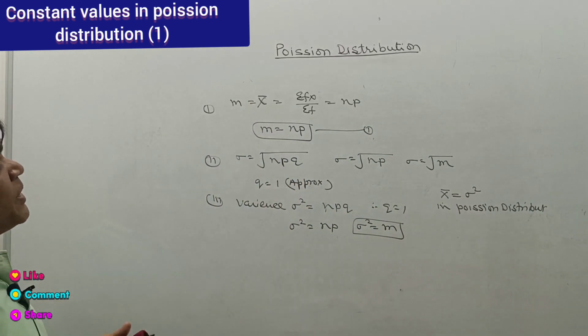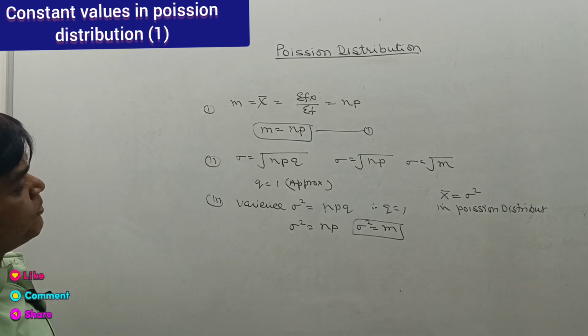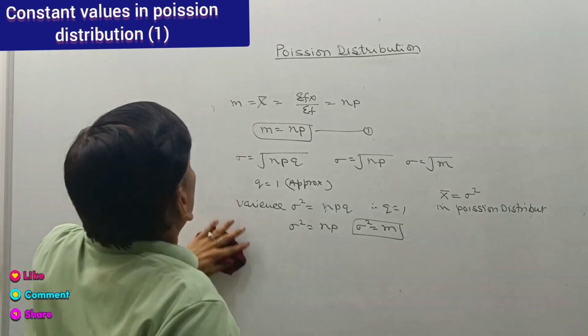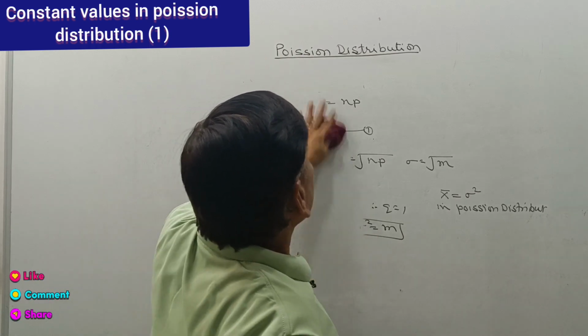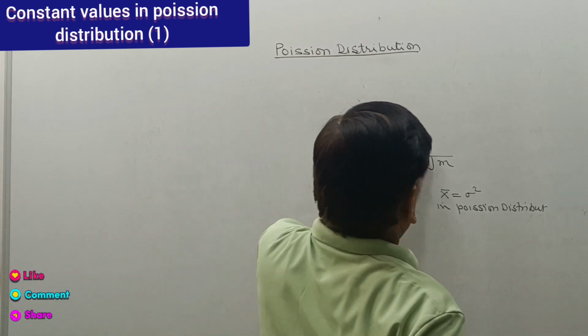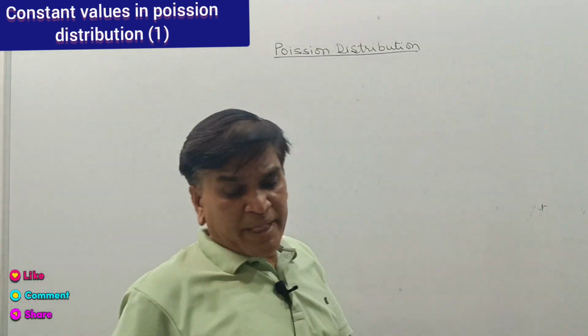Now for other measures of the Poisson distribution: these are the three measures, that is arithmetic mean, standard deviation, and variance.